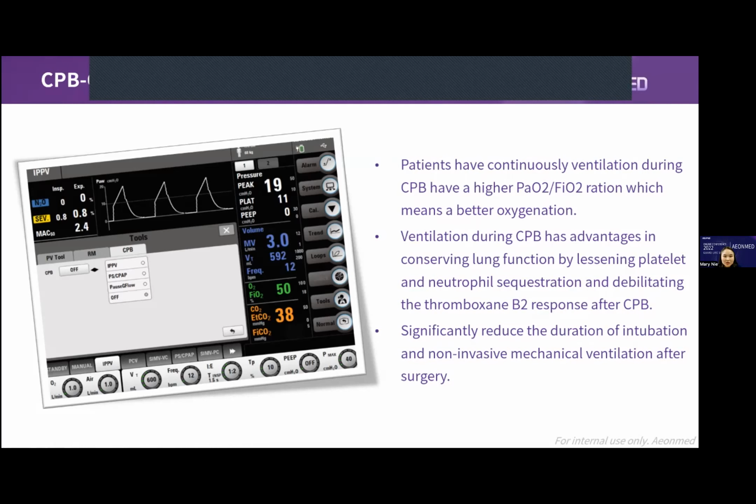And actually during the open chest CABG, usually I understand, we do not give any ventilation because our cardiac surgeon needs very precise operation during the surgery.